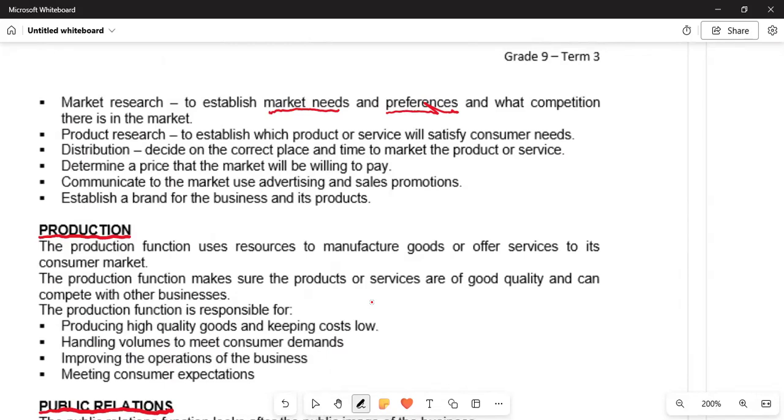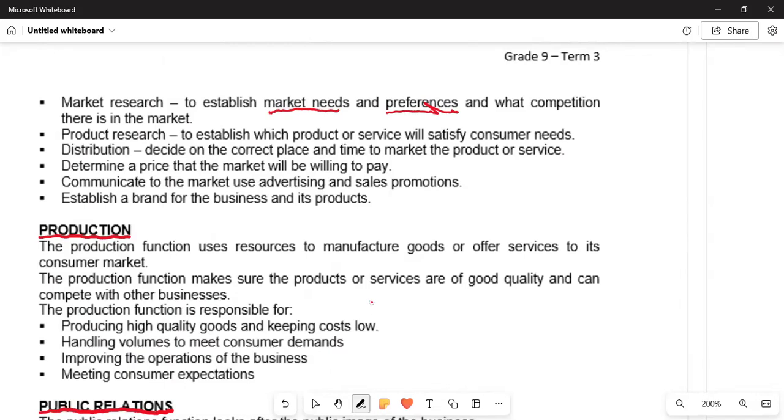So it's very important to do a market research. Go out to do what you call prospecting, trying to find what are the needs of the customers so that you're going to respond to their needs, so that you're going to attend to their problem.